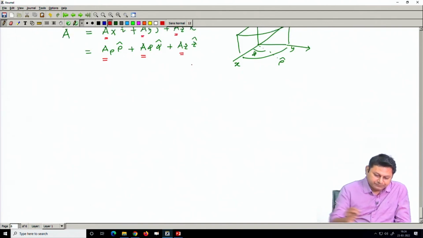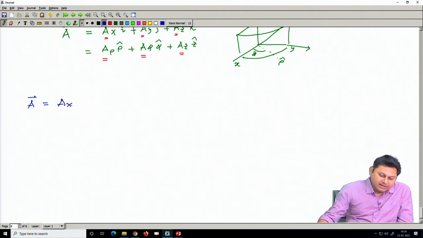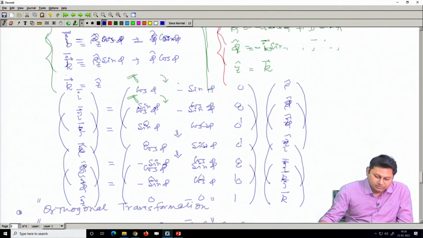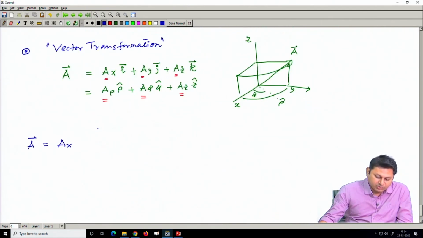Okay. So, let me write down the complete vector A. It is A x, and now I know the relationship between i and the rho, phi, z unit vectors, because I just figured that out, so I am going to use it here.